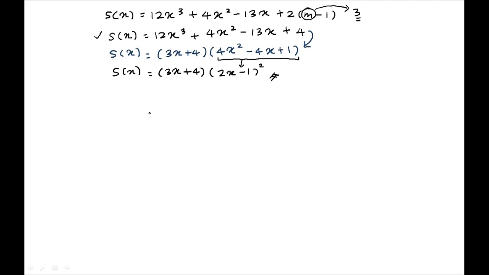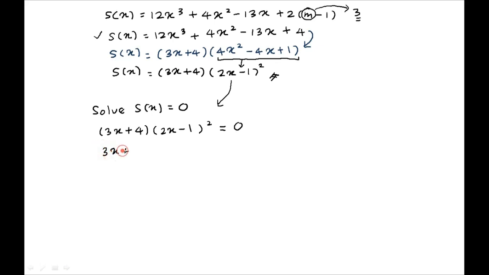And then, we need to solve for Sx equal to 0. We already have Sx, so just write 3x plus 4, 2x minus 1 squared equal to 0. Solve. When we want to solve, we need to find the value of x. So, solve lah.